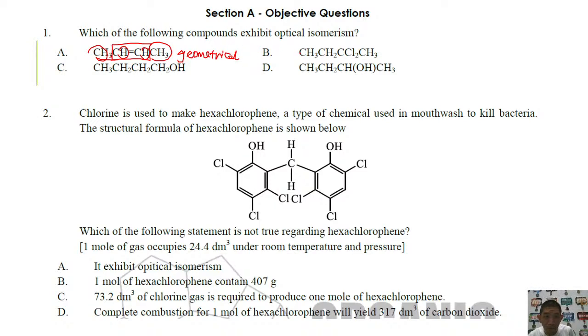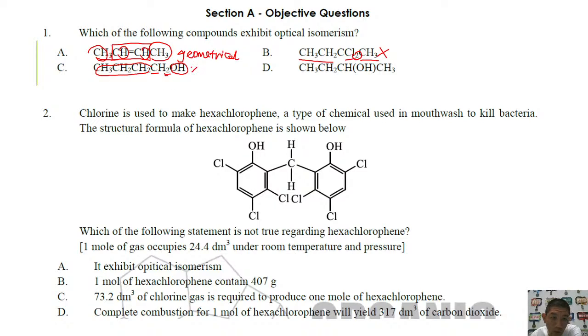As for B, does it exhibit any stereoisomerism? Since the carbon is surrounded by CH3, CH2, Cl, and Cl, and because there are two Cl, which are the same atom, this will not exhibit optical isomerism. As for C, look at this carbon. It is surrounded by CH2, CH2, CH3, then CH2, and then OH.